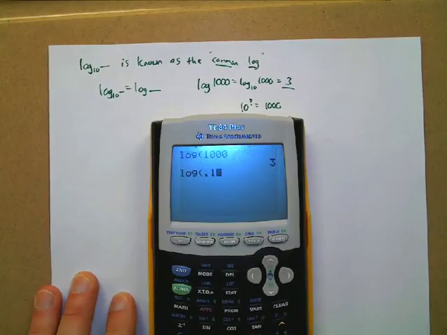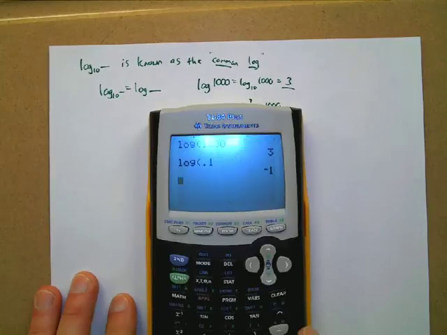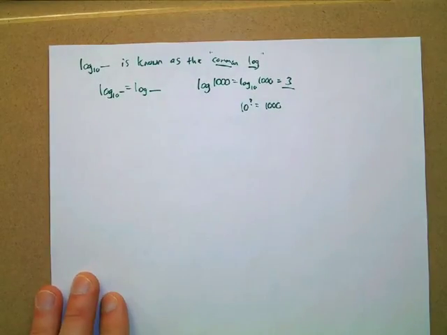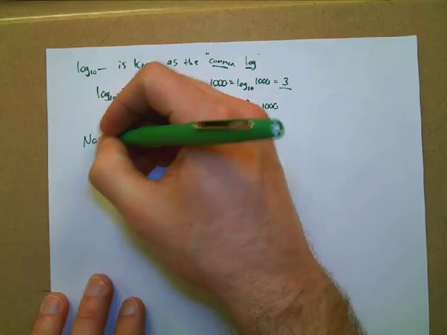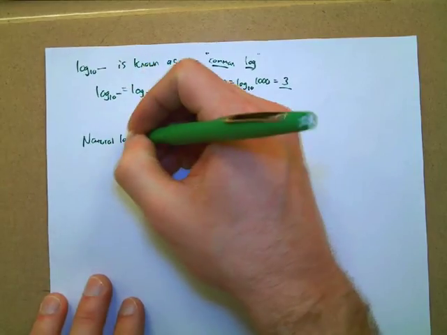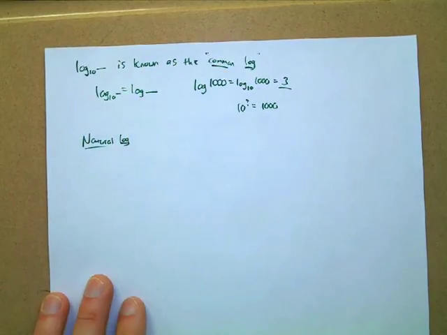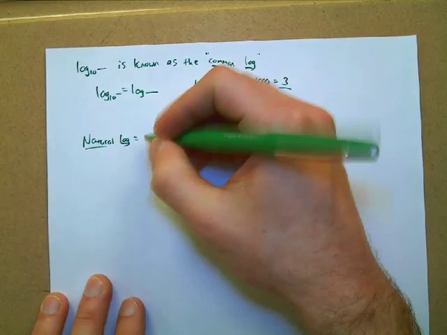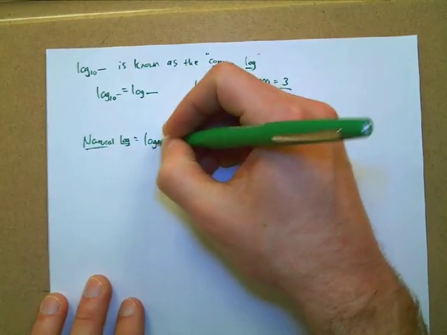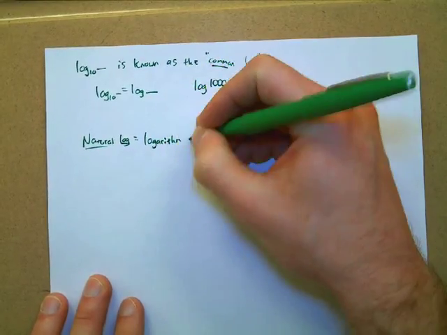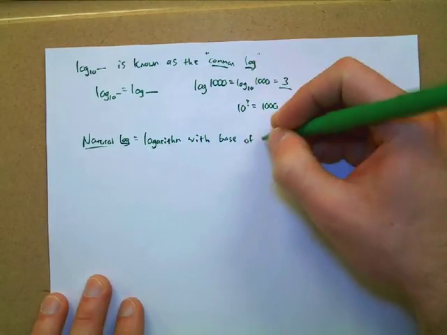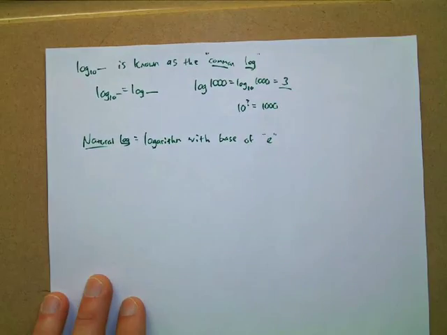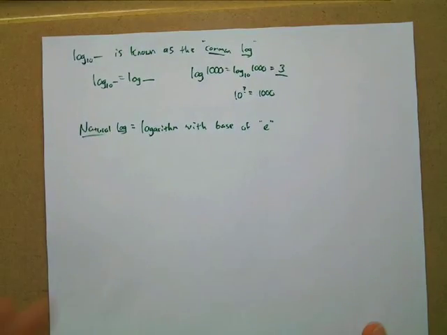Another special log is called the natural log. It is the logarithm with a base of the number e. We'll get a little more into what e is and where it comes from. E is a transcendental number, so that means very special.